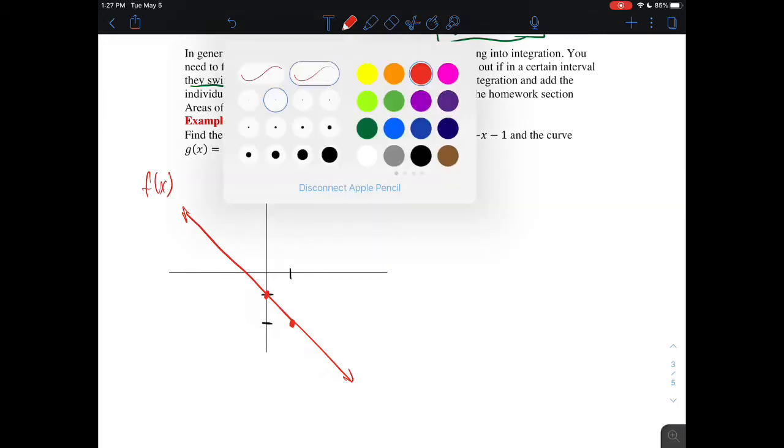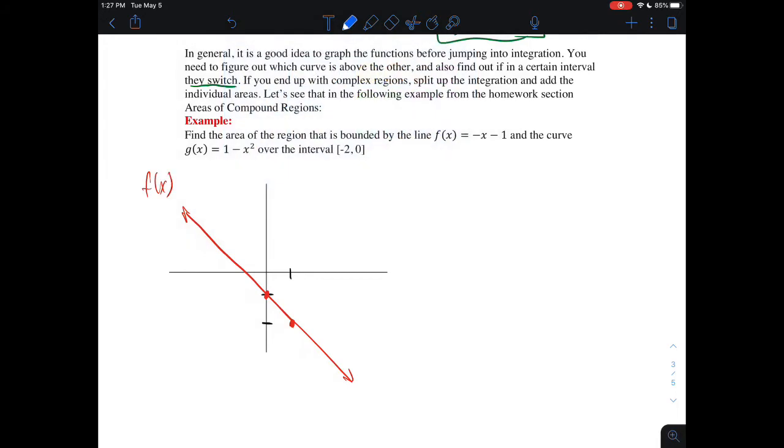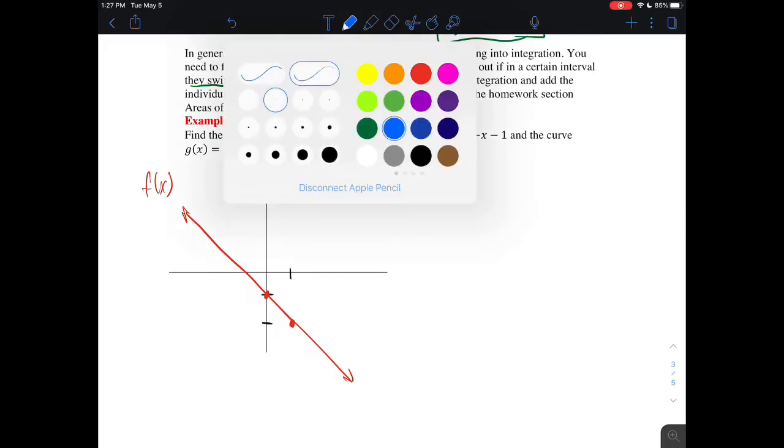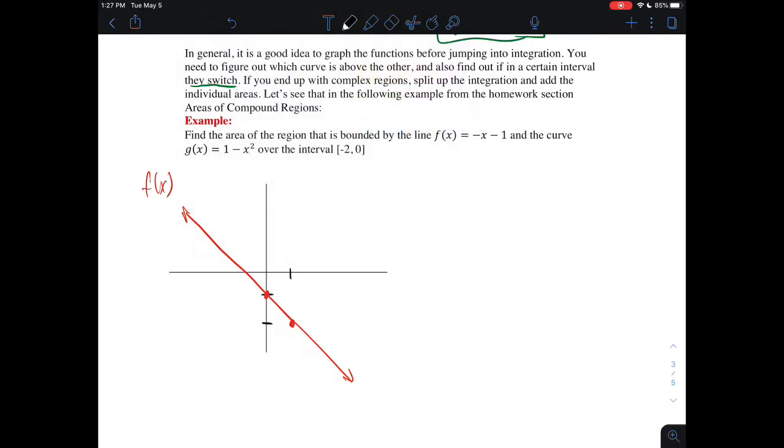And then for g of x, it's a parabola that is opening down. And you could just plug in a couple of numbers to get an idea of what this looks like. So let's see. If I plug in 0 for x, I get 1 minus 0, which means that I do have a y-intercept at 0, comma 1. If I plug in 1 for x, then I would get 1 minus 1 for g of x. I would get the same thing if I plugged in negative 1.